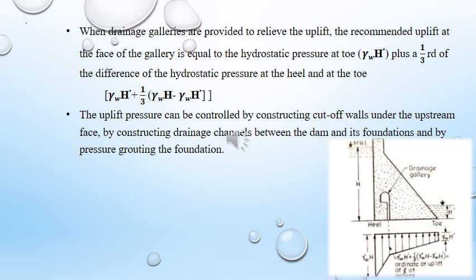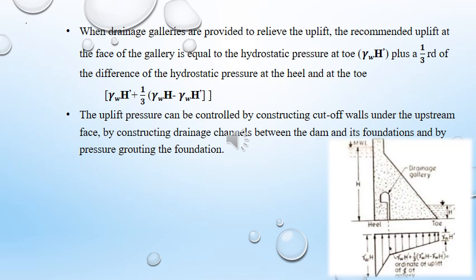Suppose when drainage galleries are provided to relieve this uplift pressure, the recommended uplift pressure at the face of the gallery is equal to the hydrostatic pressure at the toe, that is gamma W H dash, plus 1/3 the difference of the hydrostatic pressure at heel and toe.